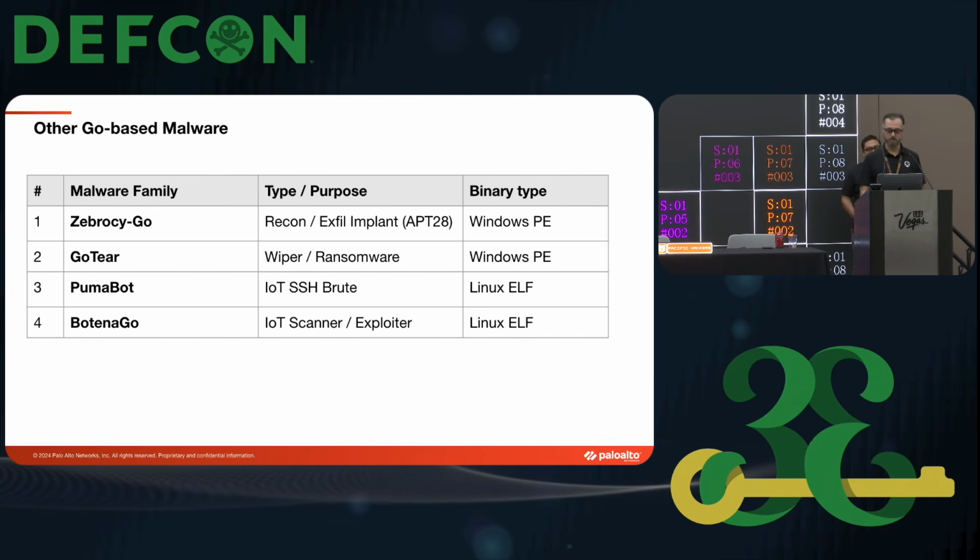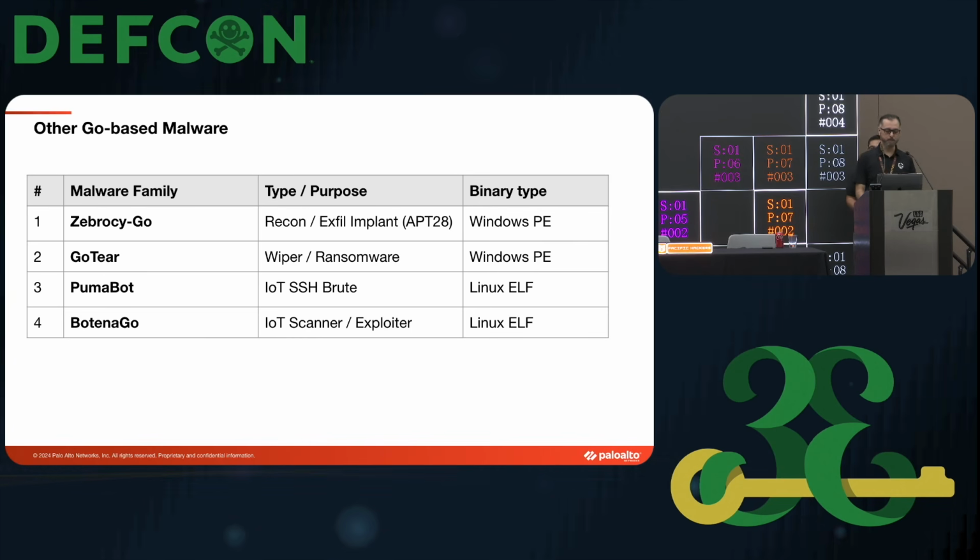Other Go-based malware we can see in this table, with different malware families. The first one is SevcryGo. Its purpose is performing recon, as an exfiltration implant. It is being used by the APT24 team, and the binary type is a Windows PE file. Second, we have GoTier, which is a wiper ransomware, also a Windows PE.